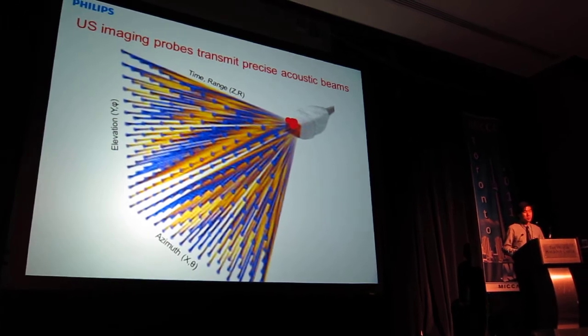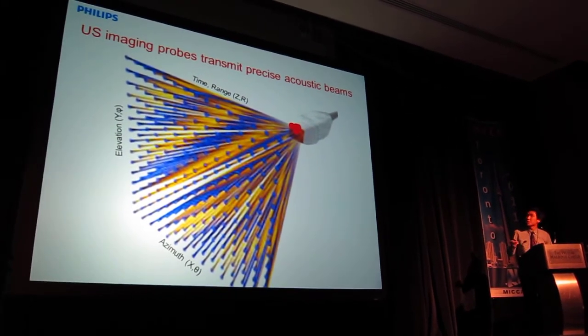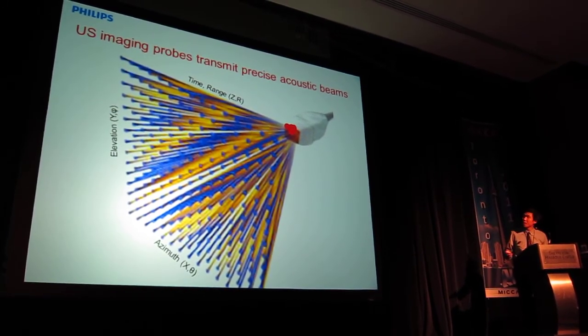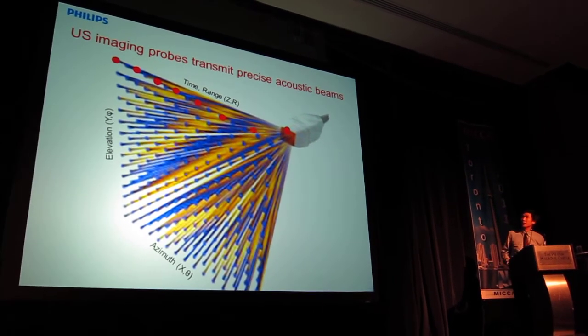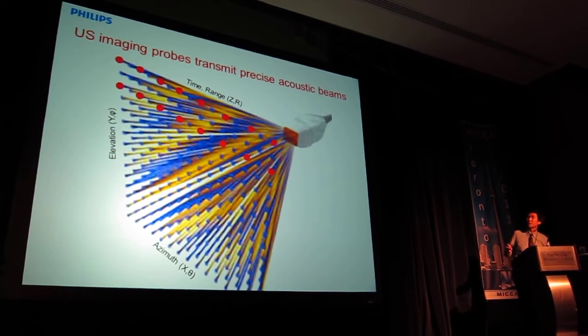Ultrasound imaging probes transmit precisely timed and focused acoustic beams that raster across the ultrasound field of view in range, elevation, and azimuth.